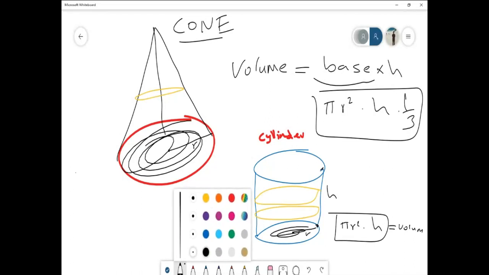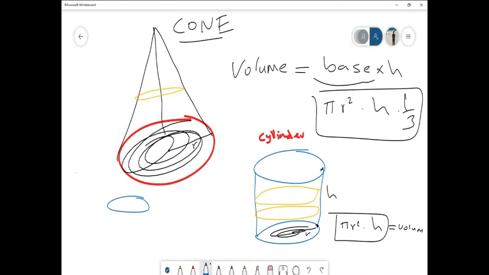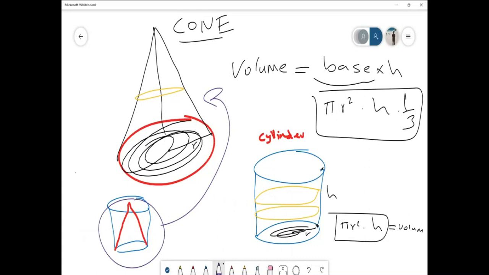But for a cone, it is something like this. When you have a cylinder like this and you cut it from here, it will turn out to be a cone like this. When I cut that portion, you have one cone here, this is another cone, and this is the last one.